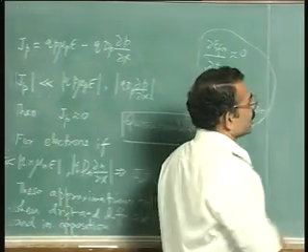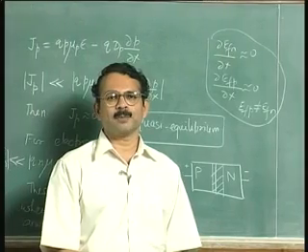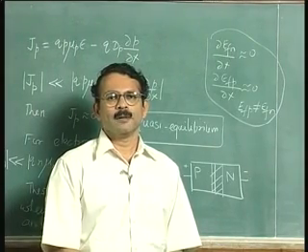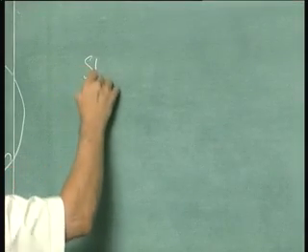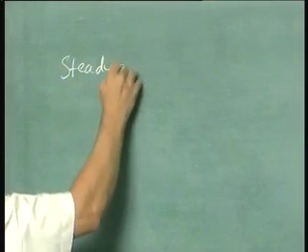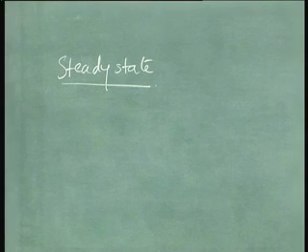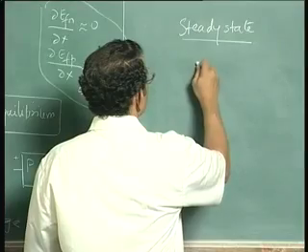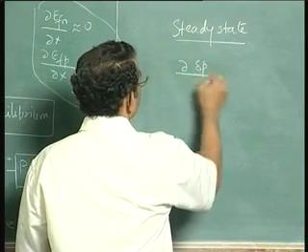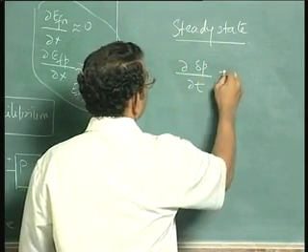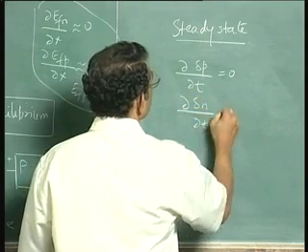Now let us discuss another example of a situation where simplification of the equations is possible, that is the steady state. In steady state, basically dou delta p by dou t is 0 and dou delta n by dou t is 0.